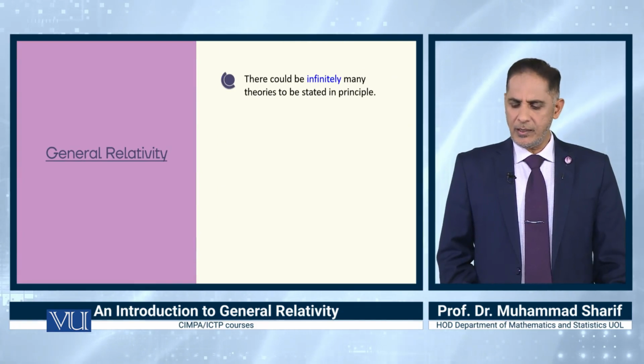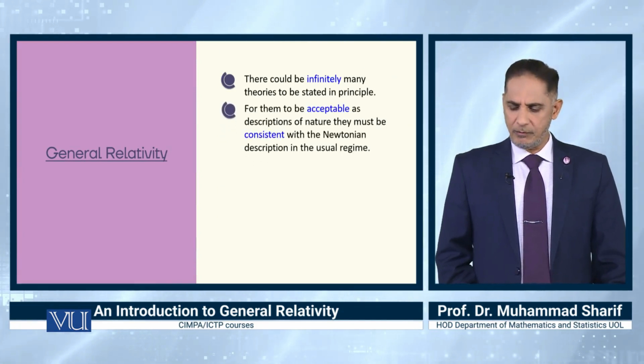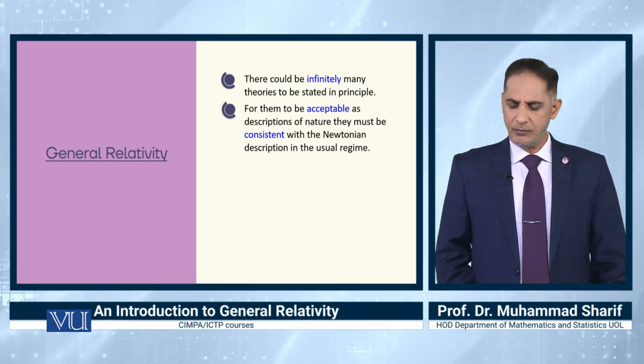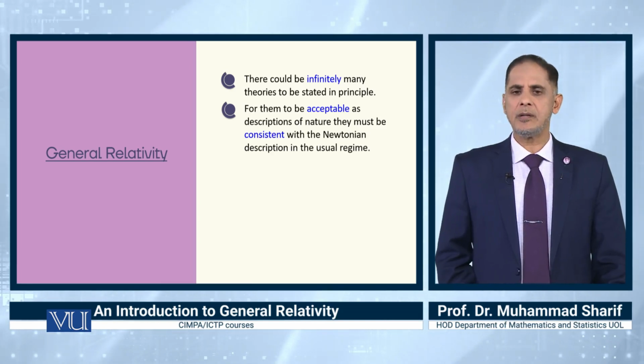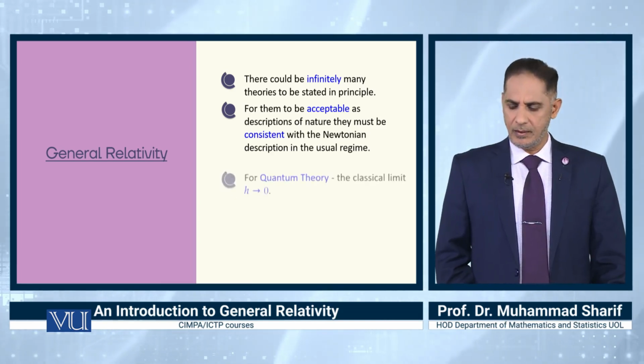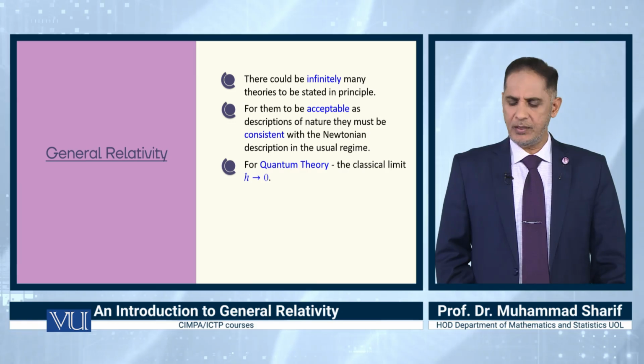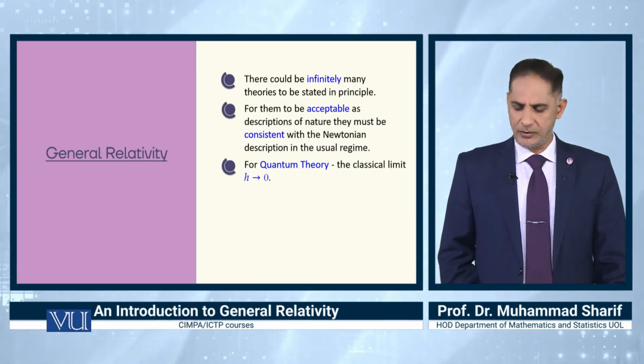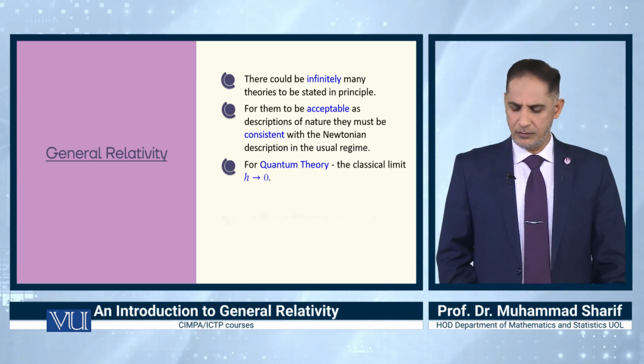There could be infinitely many theories stated in principle. For them to be acceptable as descriptions of nature, they must be consistent with the Newtonian description in the usual region. For example, for quantum theory, the classical limit is that the Planck constant must go to 0.